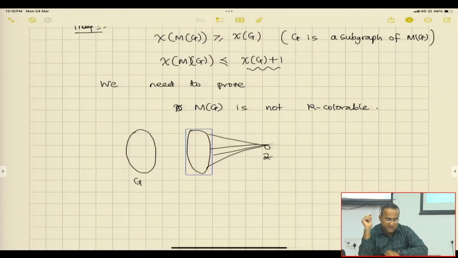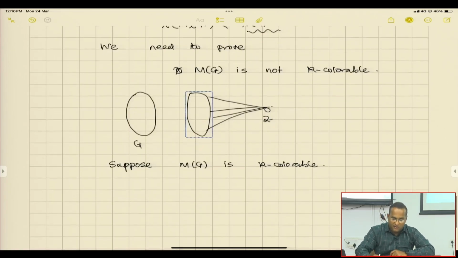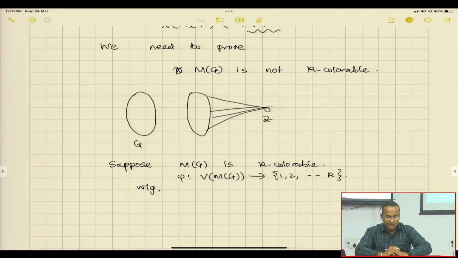Suppose M of G is k colorable. Without loss of generality, let phi be a coloring from the vertex set of M of G to 1, 2 up to k.